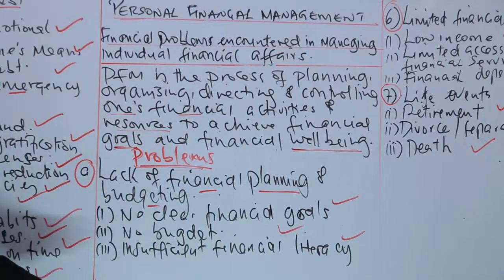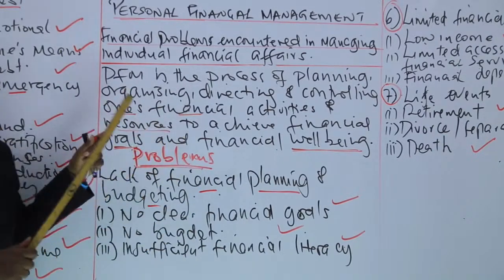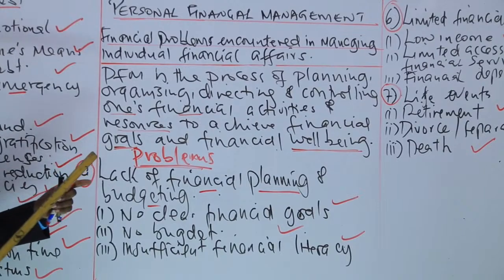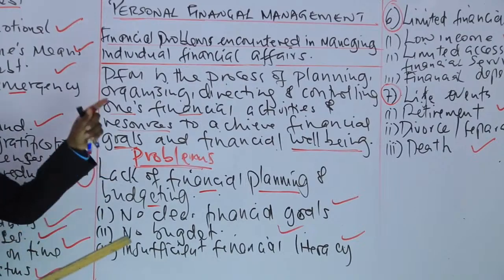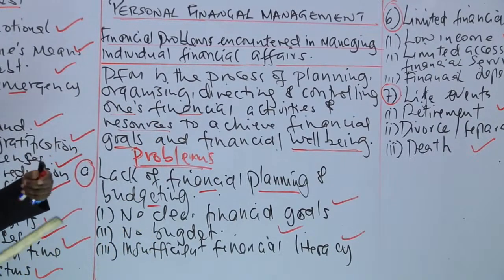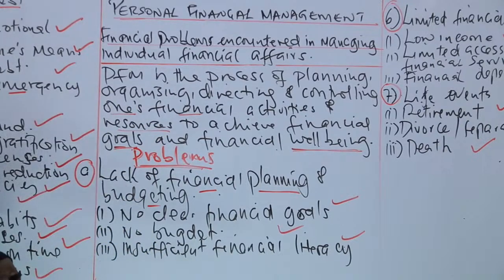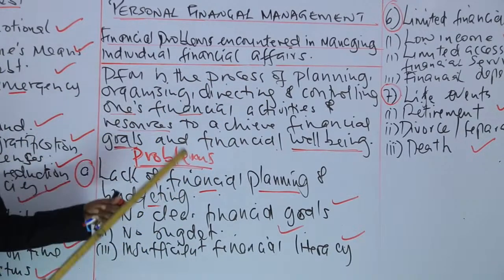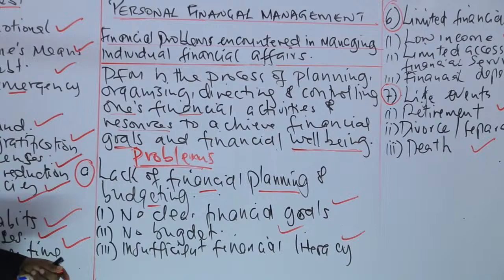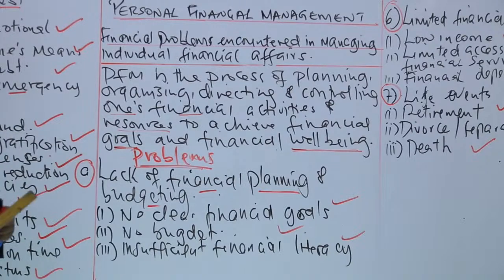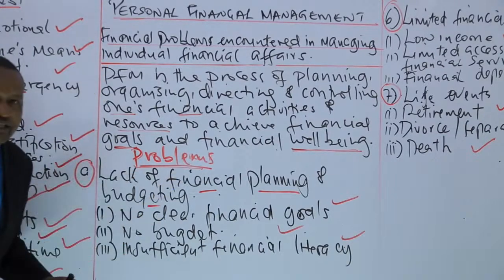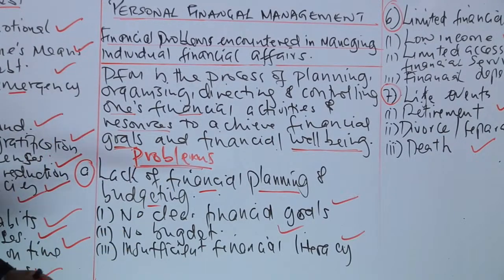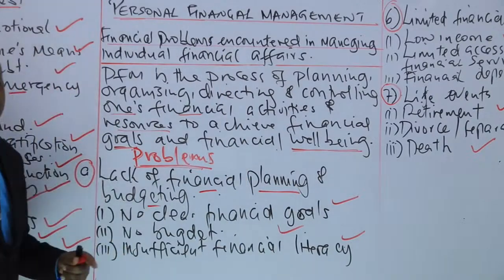We ought to recognize these challenges and many others that I have not highlighted, and after recognizing them, take proactive steps. That is what planning entails: having predetermined courses of action in relation to our financial affairs. By so doing, we can improve our financial well-being and achieve long-term financial objectives.